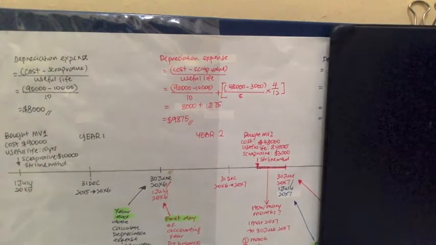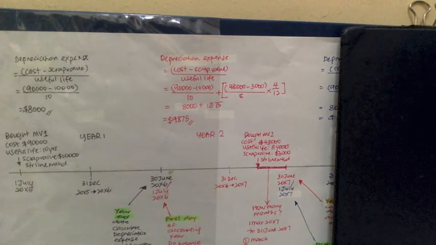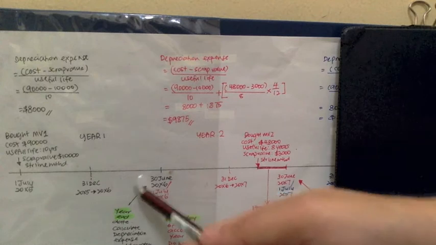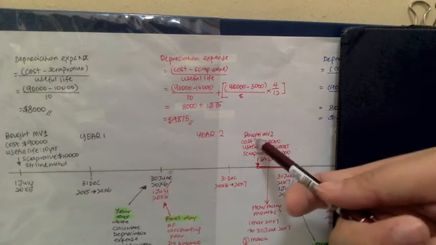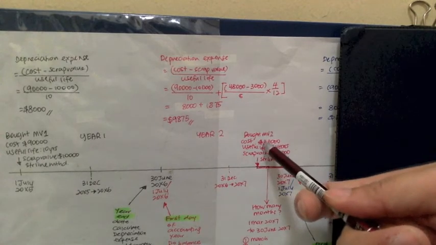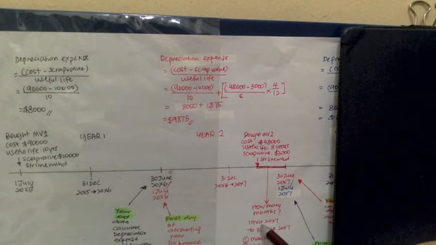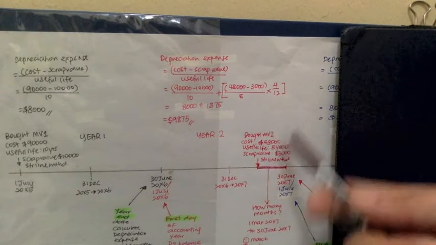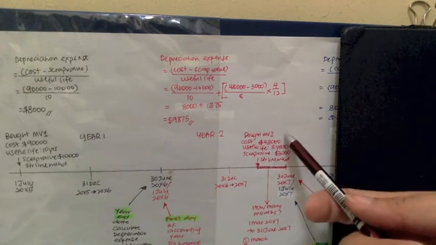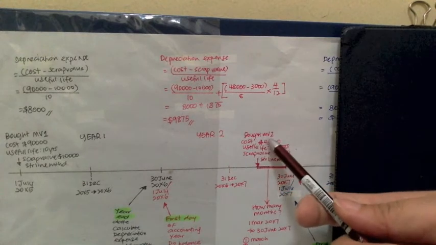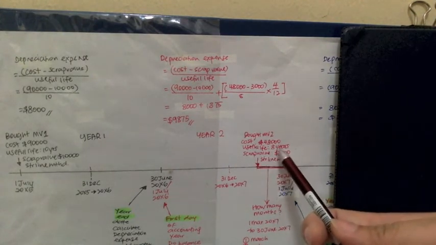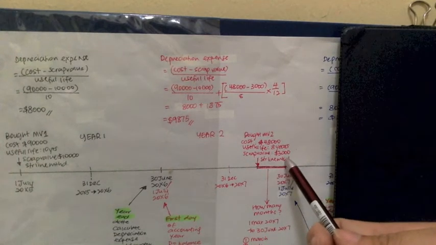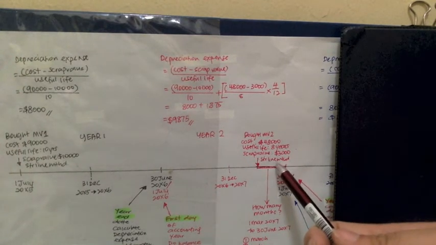For year 2, it's very special, because in this year they bought a motor vehicle on 1st March 2007. So you have to write down the information here: bought motor vehicle 2 costing 48,000, useful life of 8 years, scrap value 3,000, and they also use the straight line method.